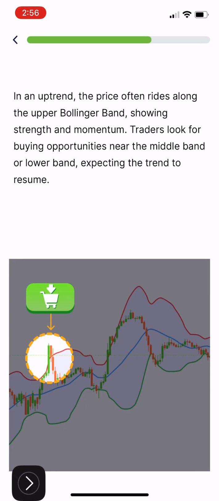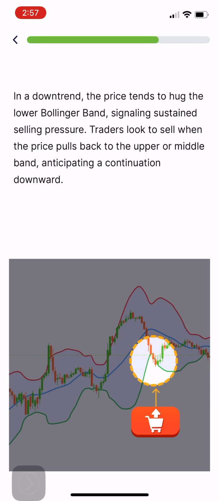In an uptrend, the price often rides along the upper Bollinger Band, showing strength and momentum. Traders look for buying opportunities near the middle band or lower band, expecting the trend to resume. In a downtrend, the price tends to hug the lower Bollinger Band, signaling sustained selling pressure.